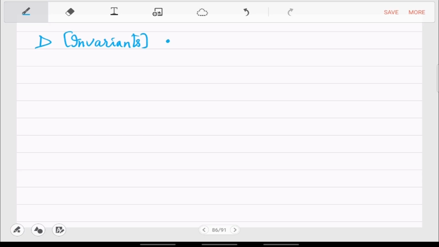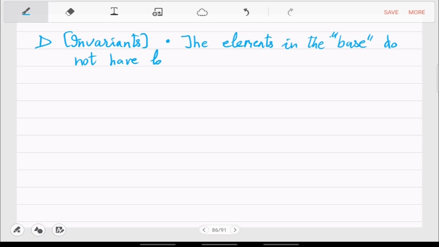First is that the elements in the base do not have a local maxima, which in particular means that it's a non-decreasing sequence.